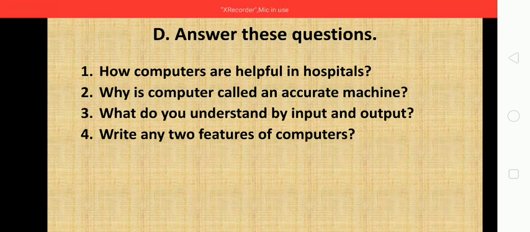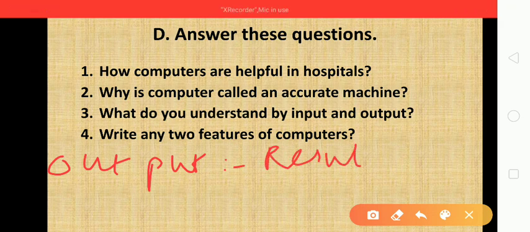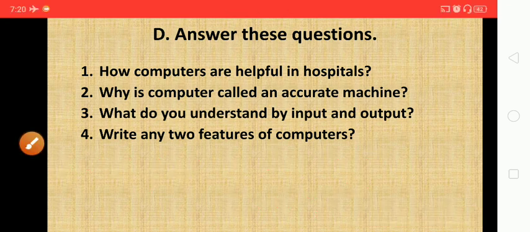And what is meant by output? Output is the result we get. Clear? This is how you will write your answer. Write your answer properly. I hope you understood input and output.